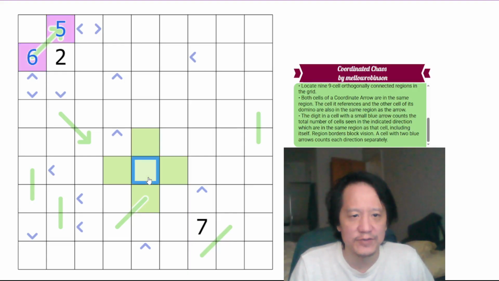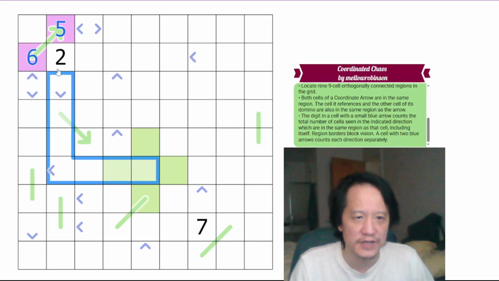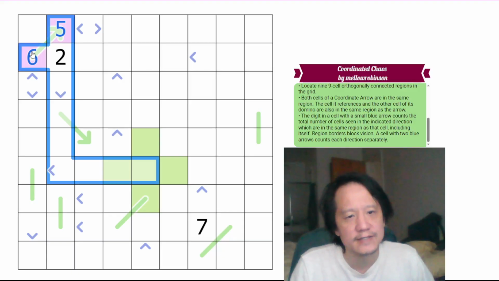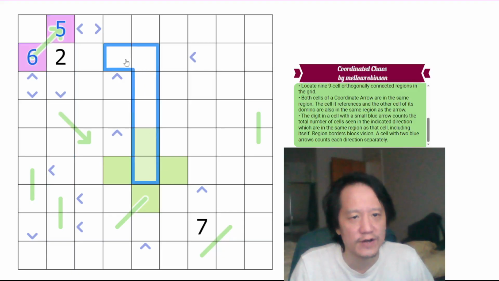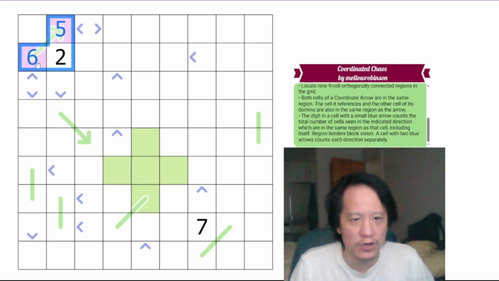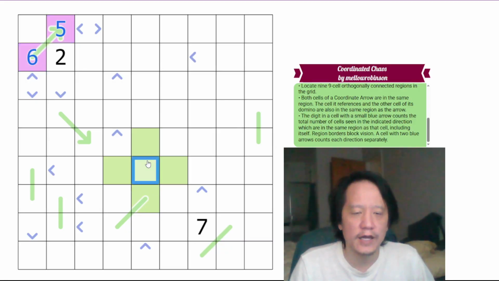But obviously it can't reach there, right? That's 10 already, and 10 again. So that would not work, because the cell that's pointed to by the coordinate arrow and its domino that adds up to the same sum as the coordinate arrow must all be in the same region.